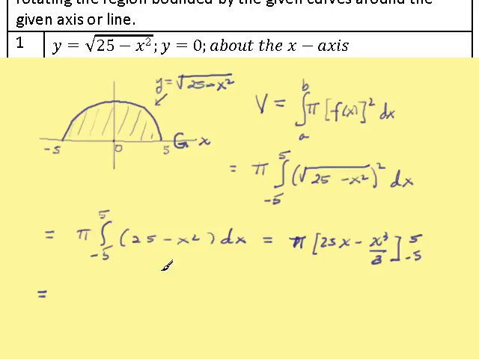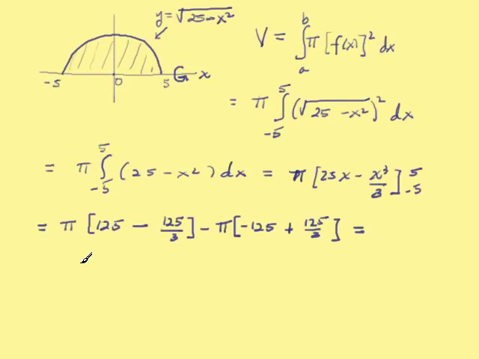All right, so let's substitute in 5, and we have 25 times 5 is 125 minus 125, that's 5 cubed over 3. And now we'll substitute in minus 5. So we have minus 125 plus 125 over 3. All right, so let's just do this calculation.